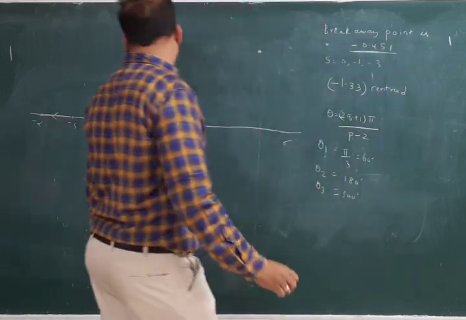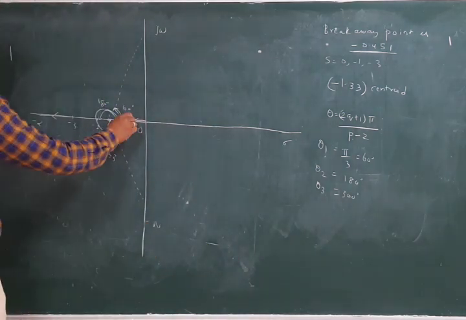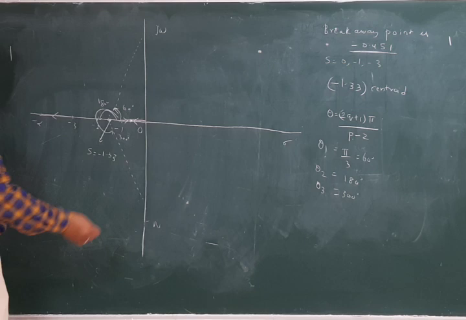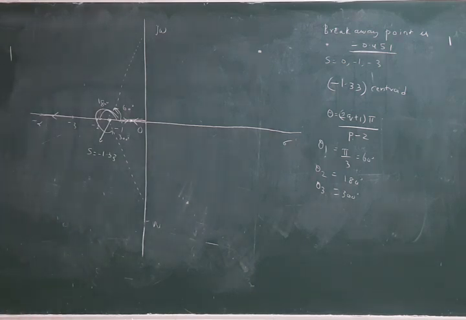So this minus 0.451 lies here, and from this point you have to draw the lines that are intersecting at the breakaway point. So we will draw that one.